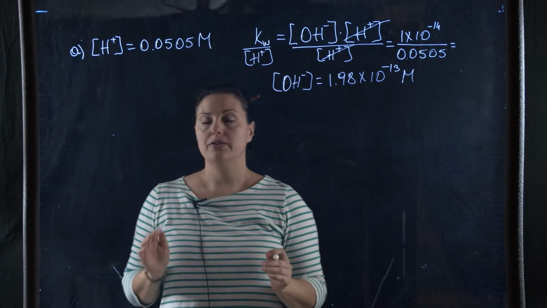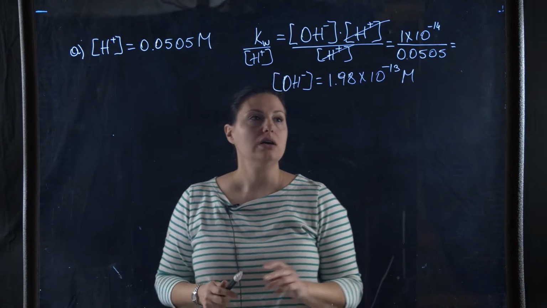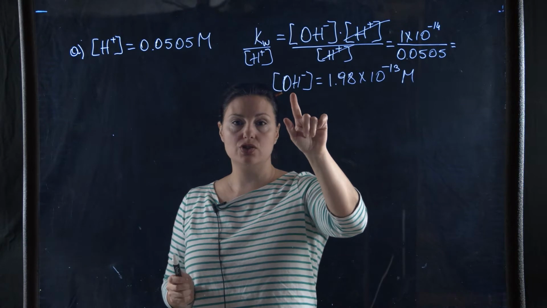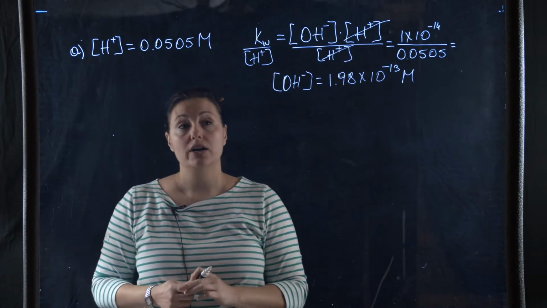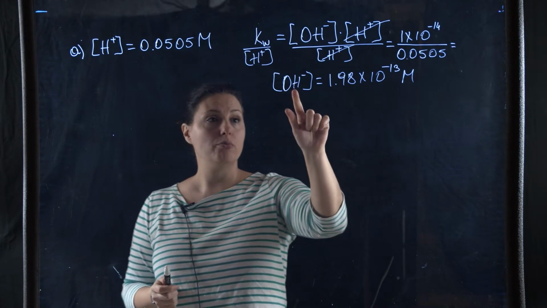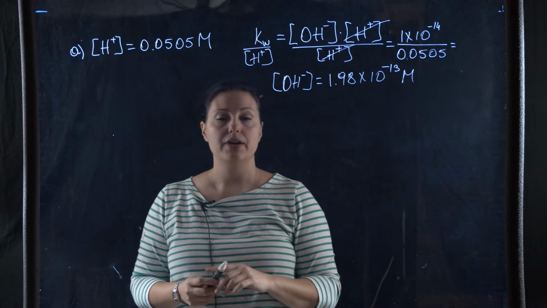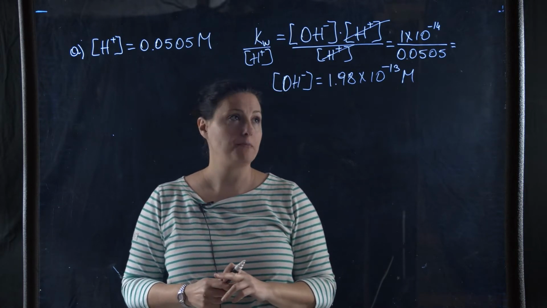Now let's think about whether the solution is acidic, basic, or neutral. Let's compare the concentrations of OH and H plus. We know that a solution is neutral if both OH minus and H plus concentrations are equal to each other, and they're equal to 1 times 10 to the minus 7th molar.